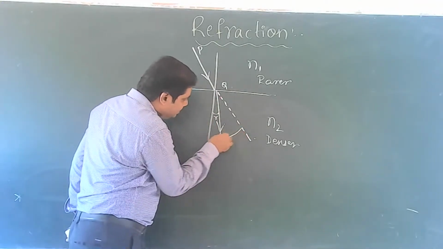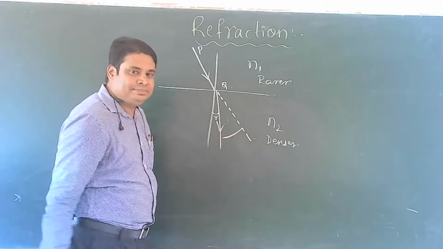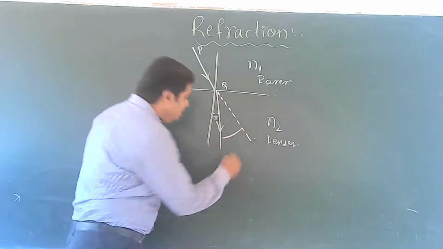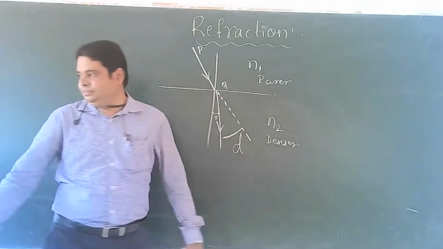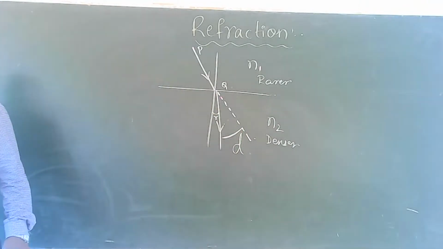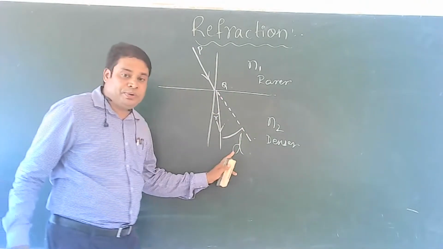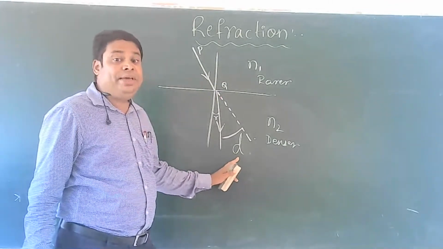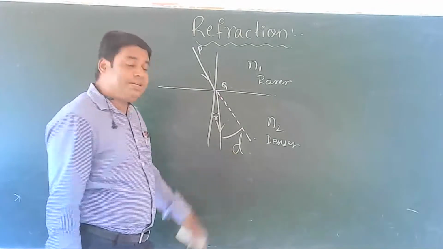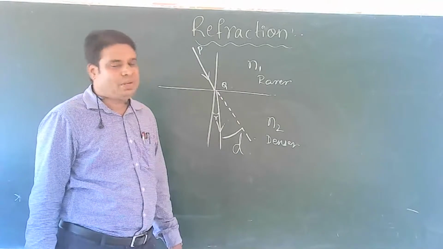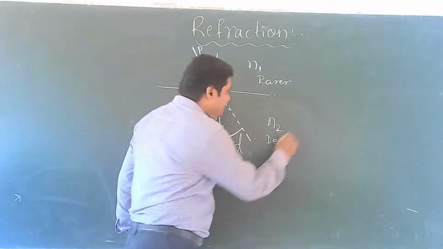Then this much amount is deviation produced. This is the deviation produced. What is deviation then? Very simple.